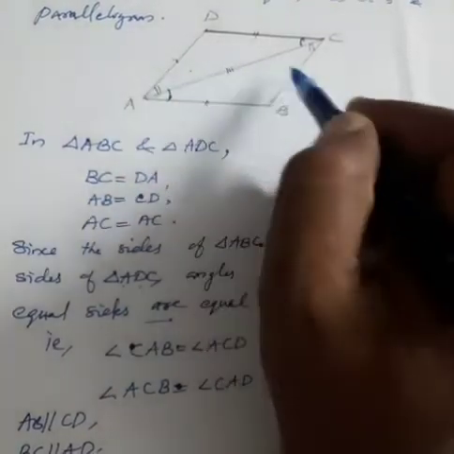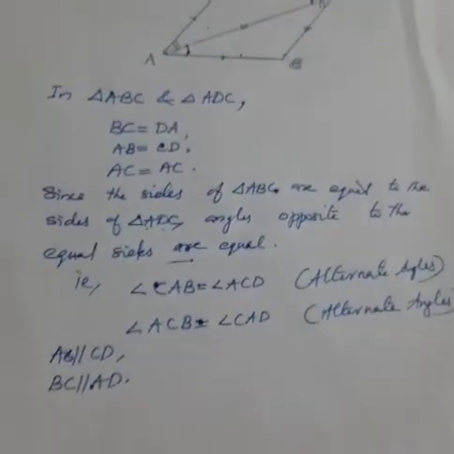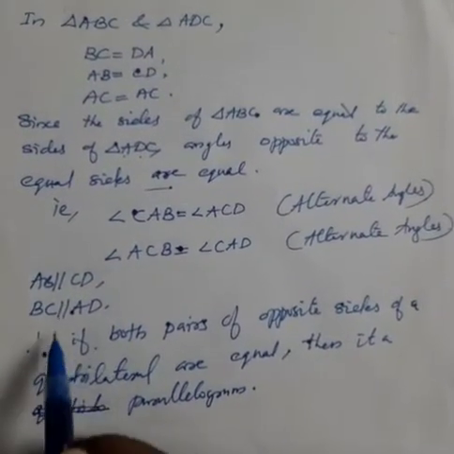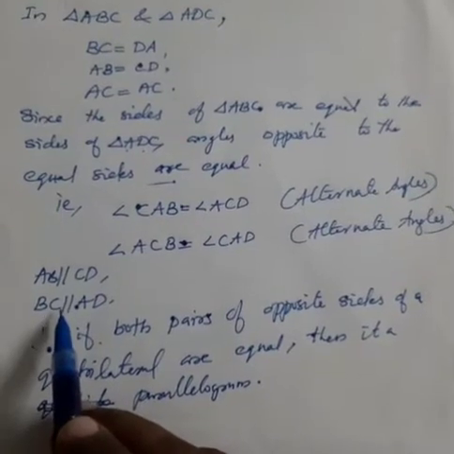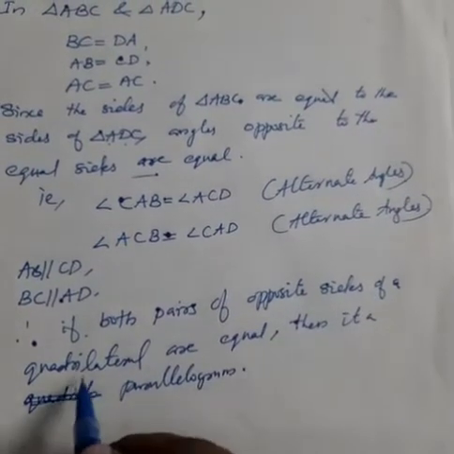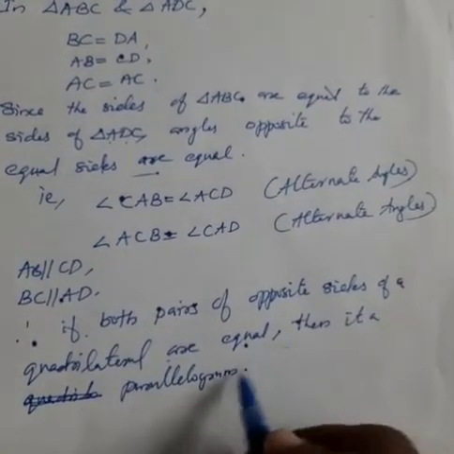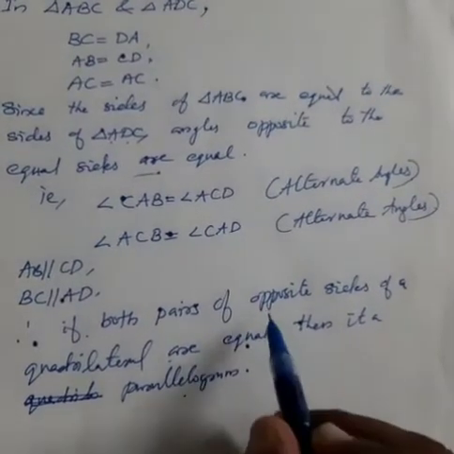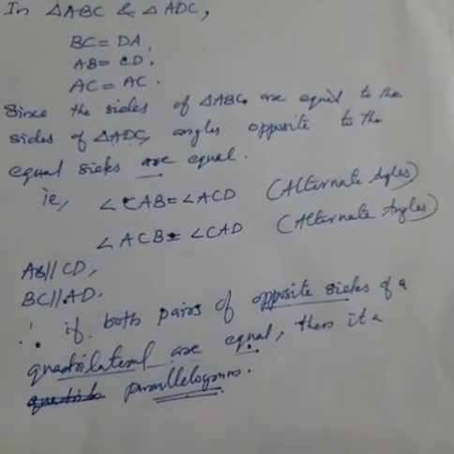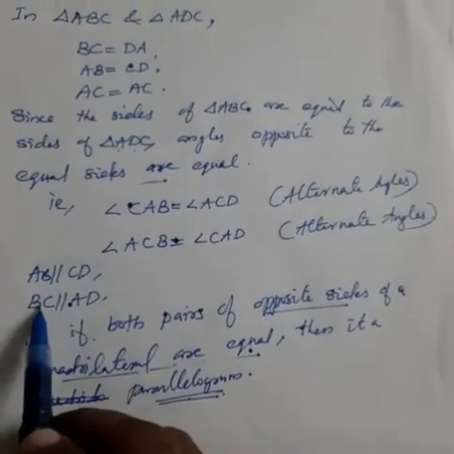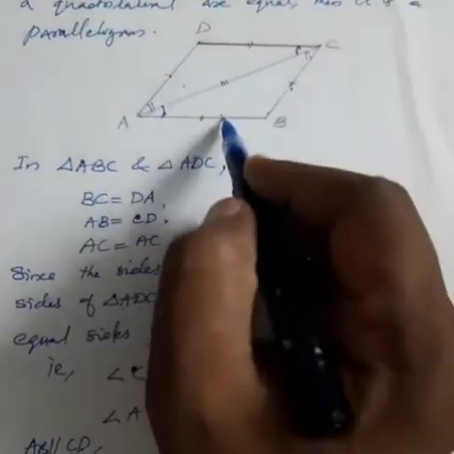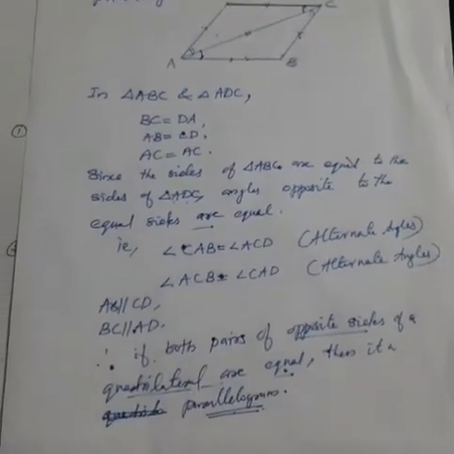So these 2 lines are parallel, these 2 lines are also parallel. Therefore, these 2 sides are parallel and these are the alternate angles. If both the pairs of opposite sides of a quadrilateral are equal, then we can write it is a parallelogram, because AB is parallel to CD and BC is parallel to AD. These 2 lines are parallel and these 2 are also parallel lines.